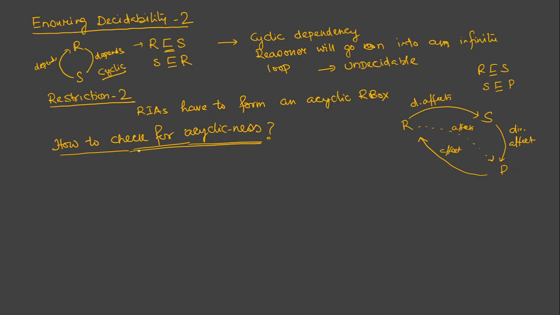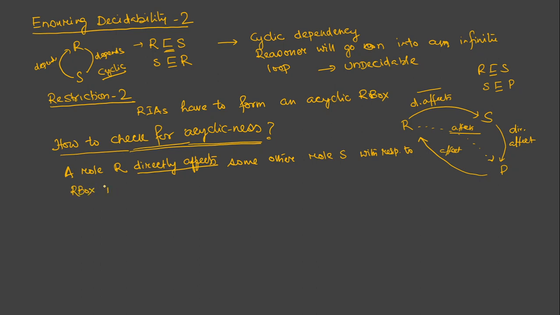So let us define what we mean by directly affects and what we mean by affects, right? And that will give us the sense of cycle or acyclic nature. So we define a role R to directly affect some other role, say S, always with respect to one R box.